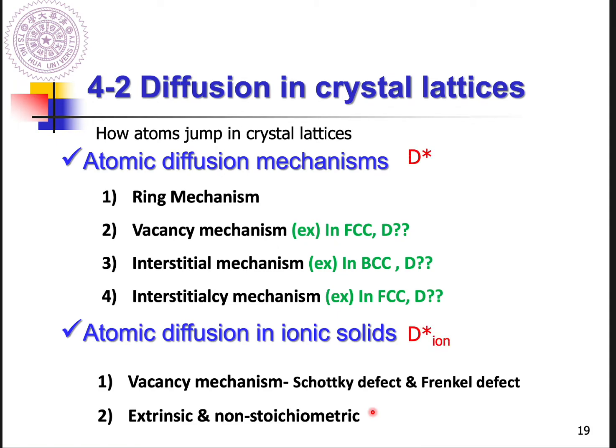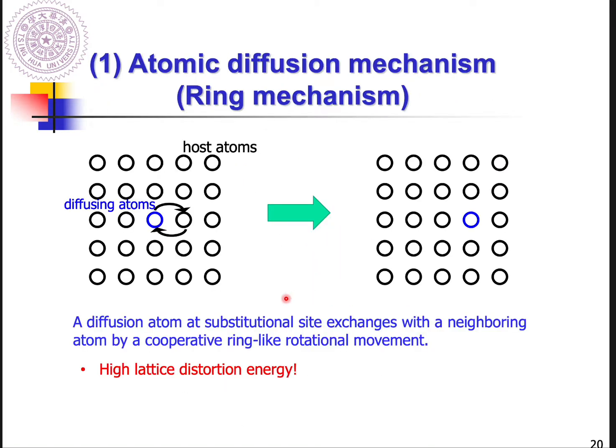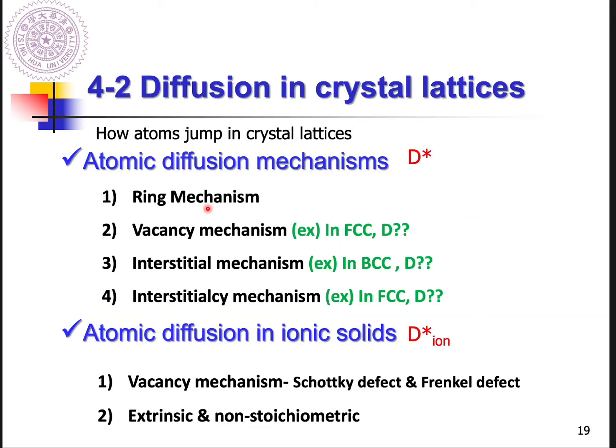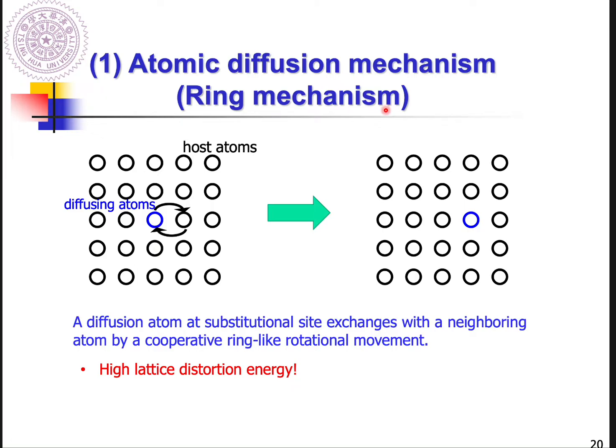But no matter which one, the final goal is to get the self-diffusivity D star in different kinds of diffusion mechanisms. We hope you can obtain the D star in different diffusing mechanisms. Okay, the first one we are going to introduce is the ring mechanism. We have the host atoms in black, and now there's a diffusing atom in blue.